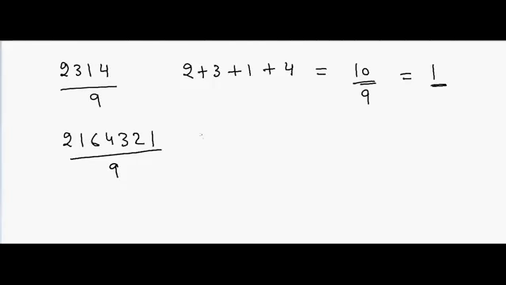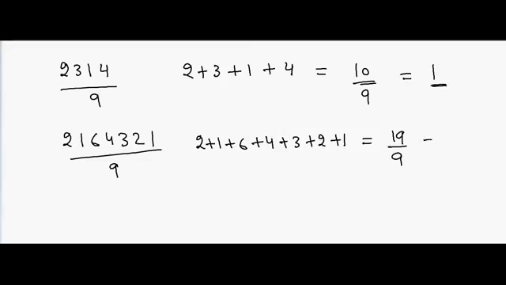So in that case, 2 plus 1 plus 6 plus 4 plus 3 plus 2 plus 1. So 2 plus 1 is 3, 3 plus 10 is 13, 13 plus 6 is 19. So we have 19 divided by 9.